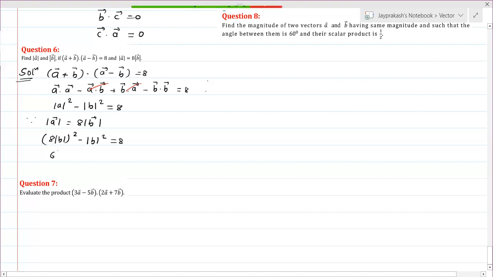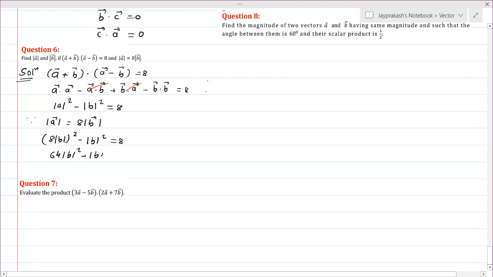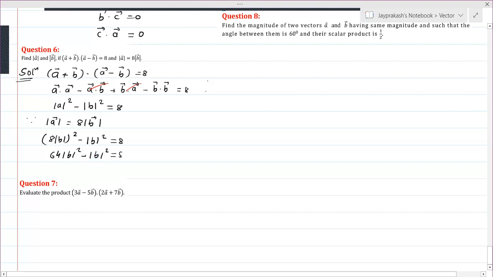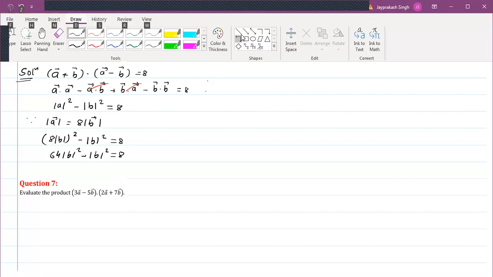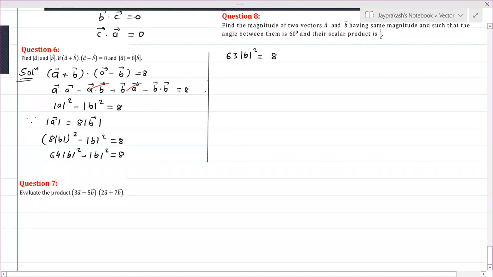So it will be 64 B square minus magnitude B square equals 8. In this way we can subtract here, so it becomes 63 B square equals 8.